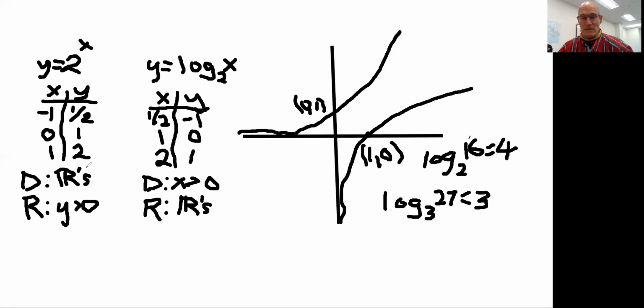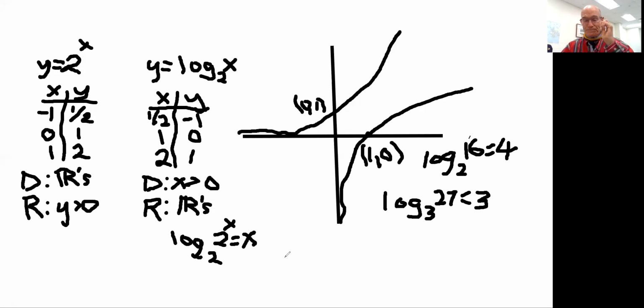Okay, now you have a couple of other standard situations. If I have log base 2 of 2 to the x, since that 2 and that 2 are the same, my answer is x.